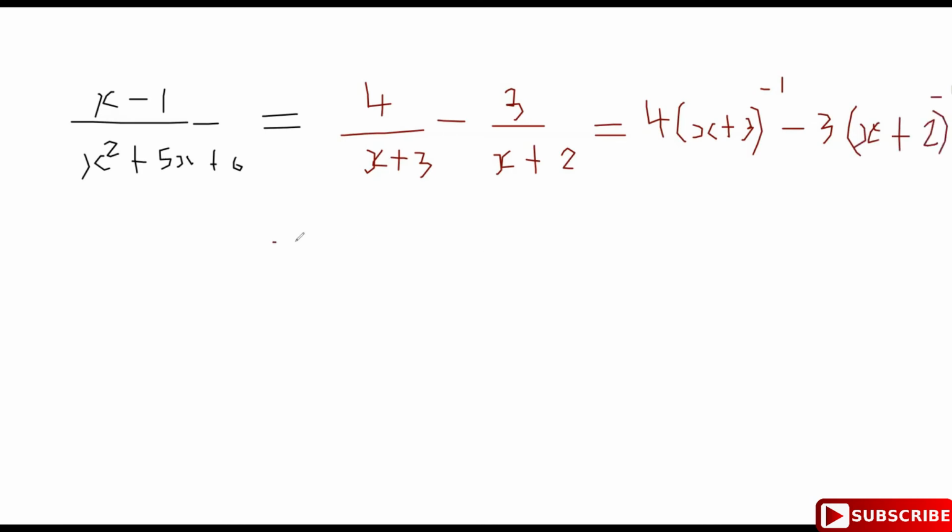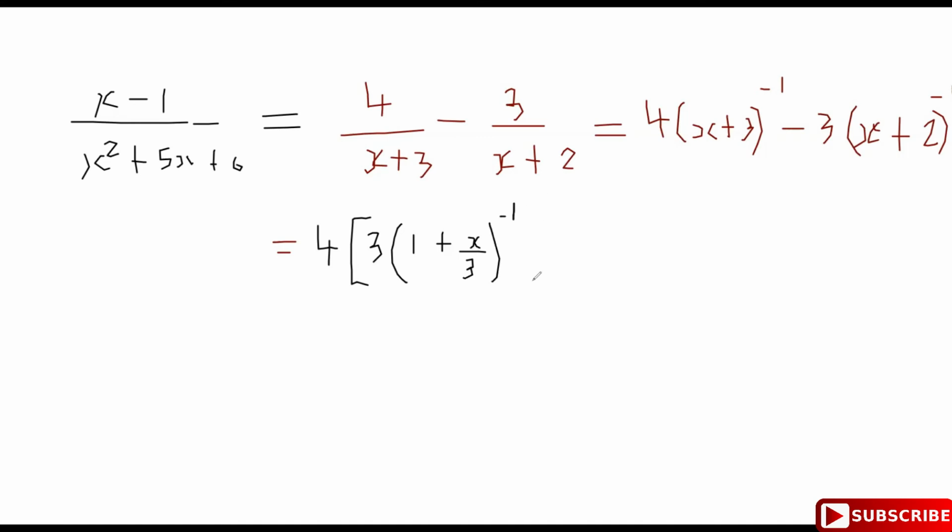Now, of course, we can also go further and say that we have to write it in the form 1 plus nx. So we're going to have to factor out 3 to rewrite this as 4 times in bracket 3 times 1 plus x over 3, raised to the negative 1.